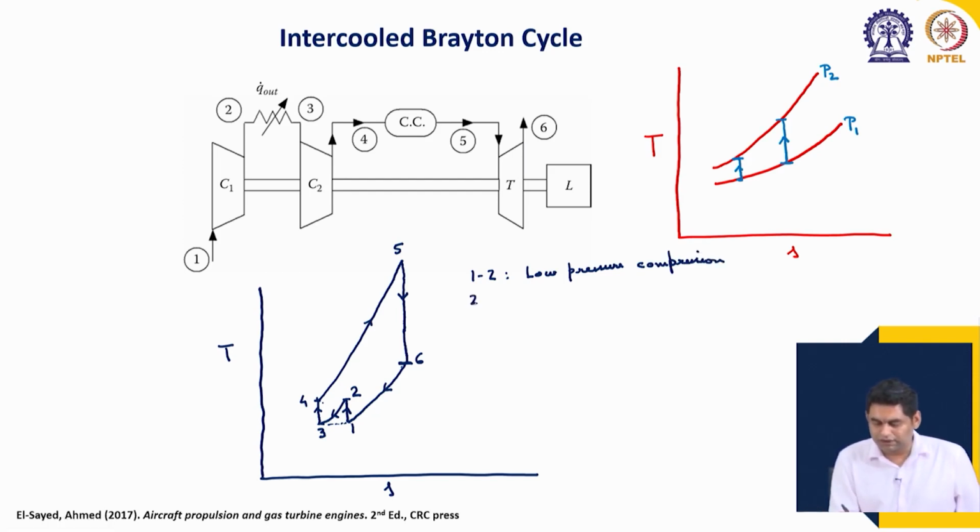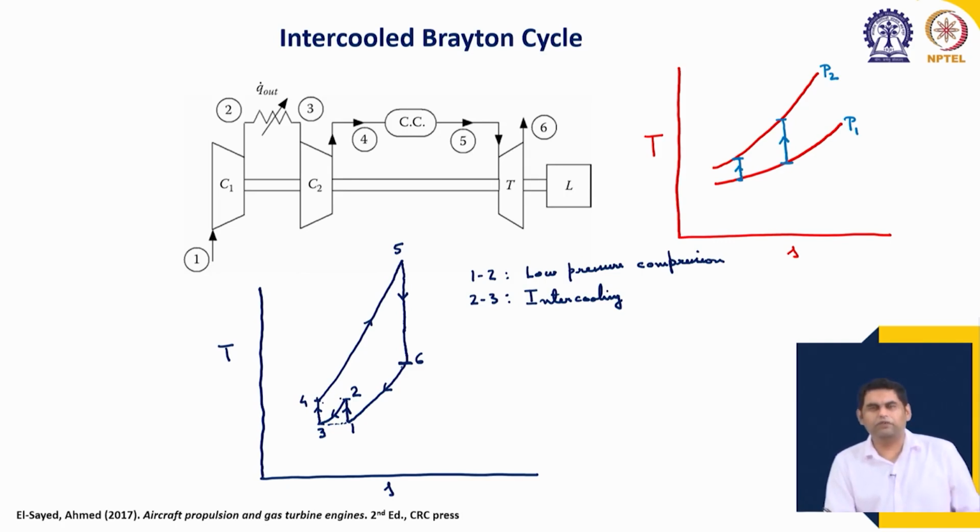Then 2 to 3, this is the intercooling process or heat exchange process. In some books it may be written as heat exchange or heat exchanger, but intercooler is the term for the device, and for the process intercooling is more suitable. The device is known as intercooler, and the process is intercooling, which is a type of heat exchange process, where heat is removed from the hot air at the exit of the compressor by the cold water circulating through the heat exchanger.